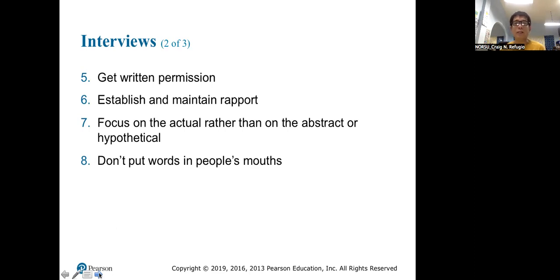Focus on the actual rather than on the abstract or hypothetical. So be objective, be specific, use concrete words. If possible, use a language that is commonly used by the one you are interviewing, or in which they are adept or expert. If Cebuano is the language they are most adept in, then make use of Cebuano.